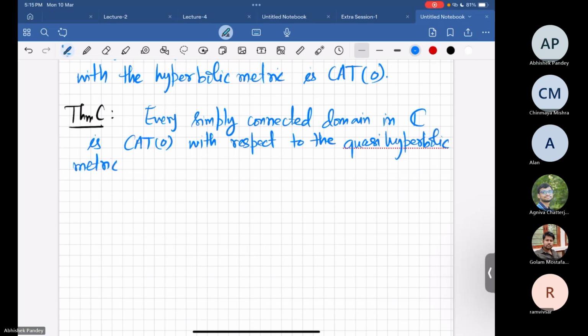This is a recent result by David Herron.